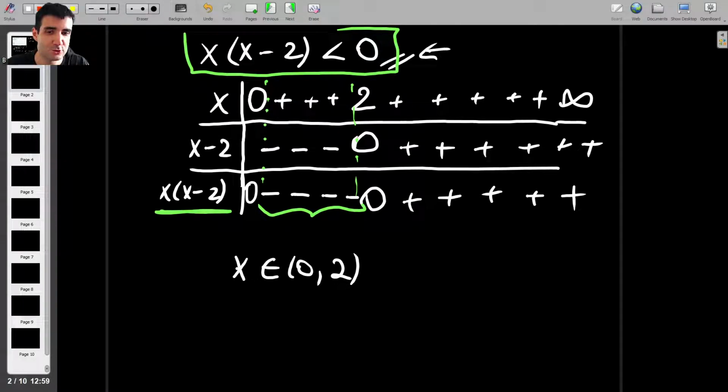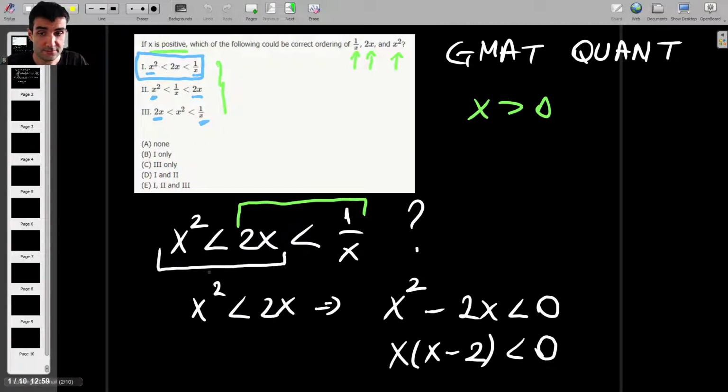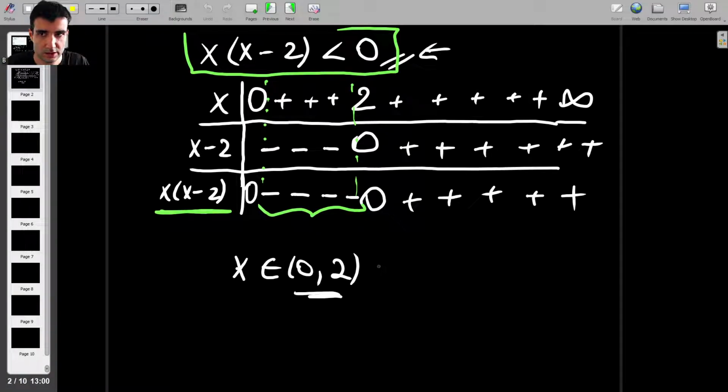You can take any number you want, whether it's an integer, which is just 1, or a rational number or an irrational number. As long as it's between 0 and 2, it will always satisfy this inequality. So this first part is satisfied when x is anywhere in this range.